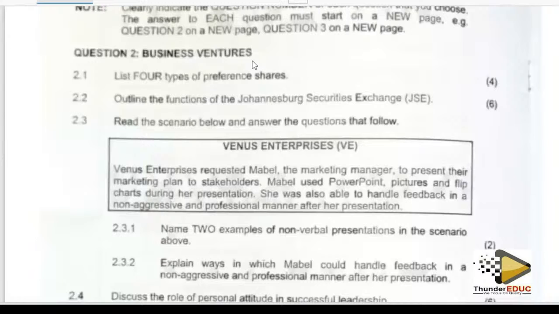So preference shares, number 1, we have cumulative preference shares, redeemable preference shares, convertible preference shares, and non-convertible preference shares.